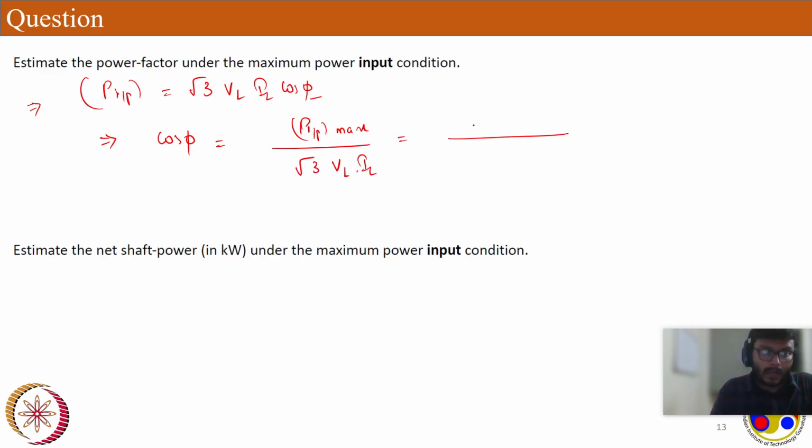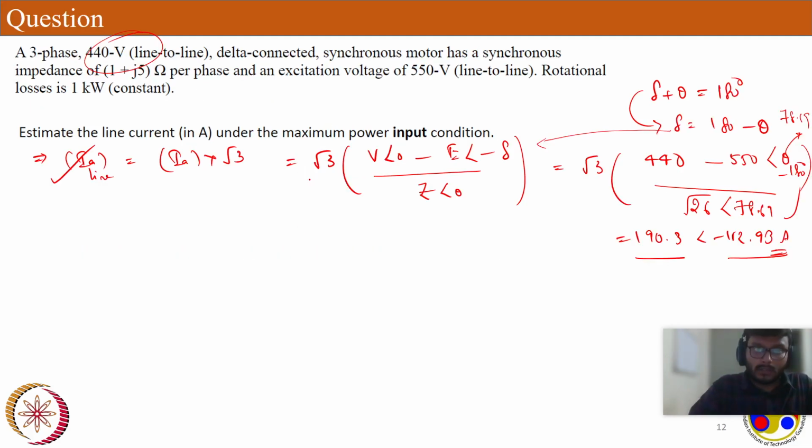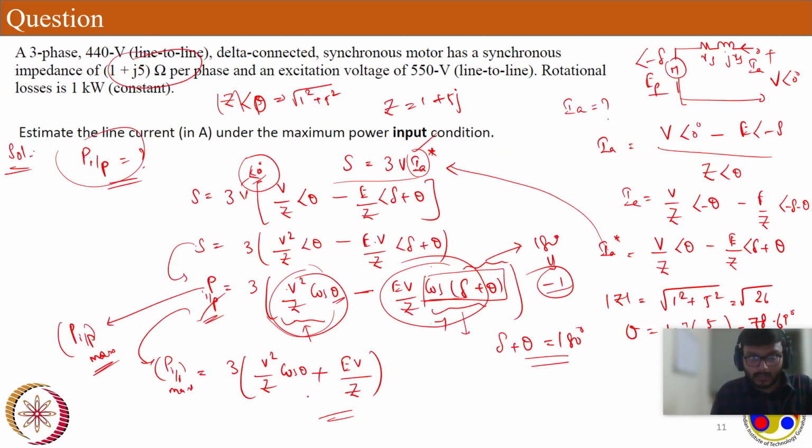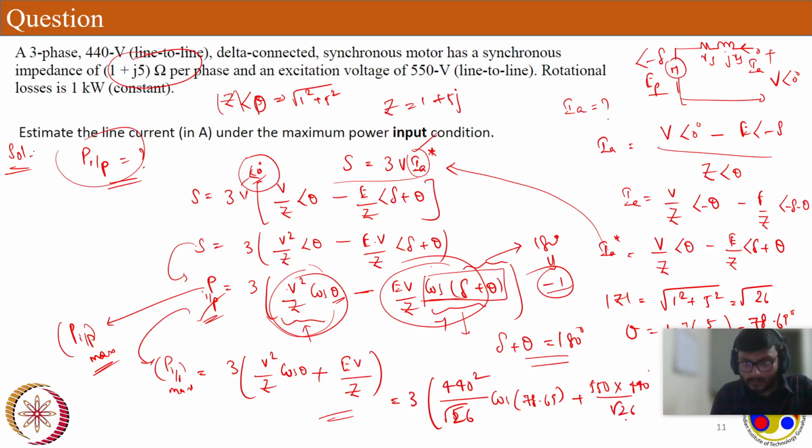We haven't calculated P input max, so you just have to substitute all the values here: V square, that is 440 square by Z, under root 26, multiplied by cos theta, cos 78.69, plus EV by Z, 550 multiplied by V, that is 440, by root 26. So let's calculate it and see what maximum power we get.